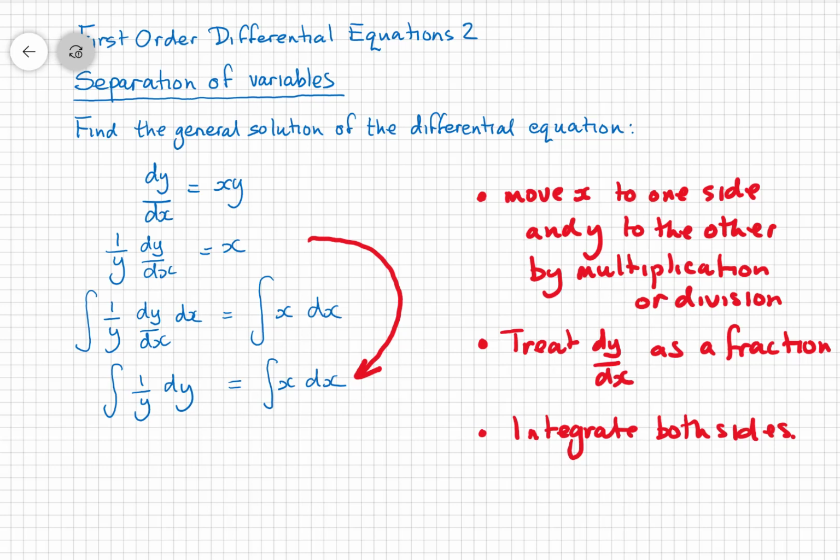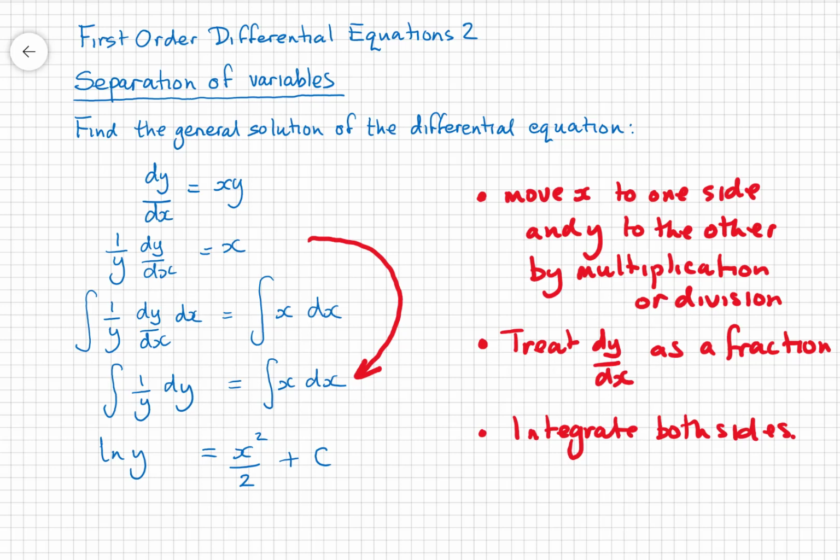But now we can integrate, and 1 over y dy integrates to ln y, and x integrates to x squared over 2, and then of course we need plus c.